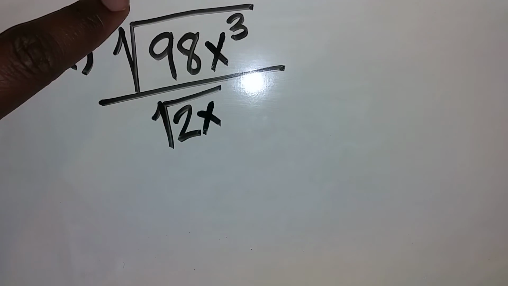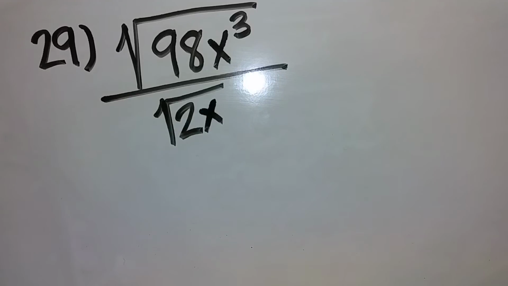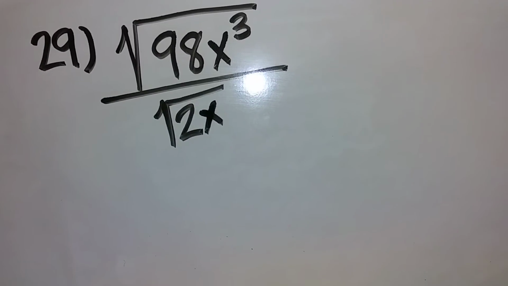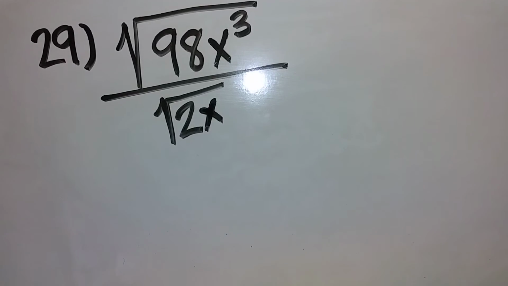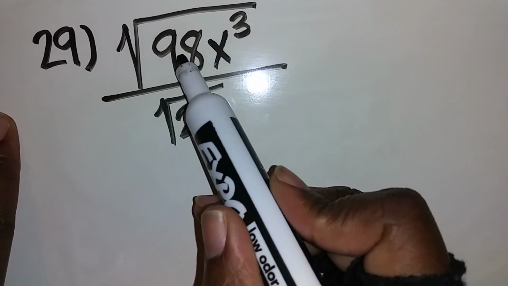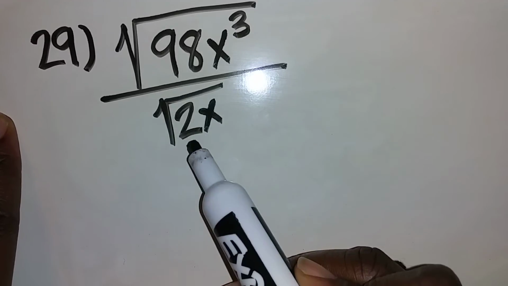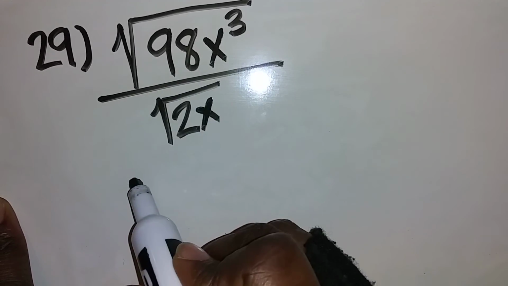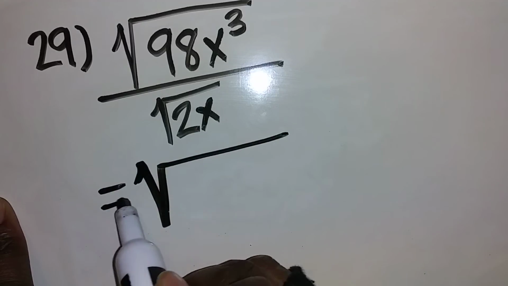Again, both of the indexes are understood to be 2. So because both of them are understood to be 2, I can divide. Now we need to remember our properties of exponent rules. When I divide, I subtract the exponents. Take your coefficients 98 and 2 and divide them. So 2 goes into 98 49 times.